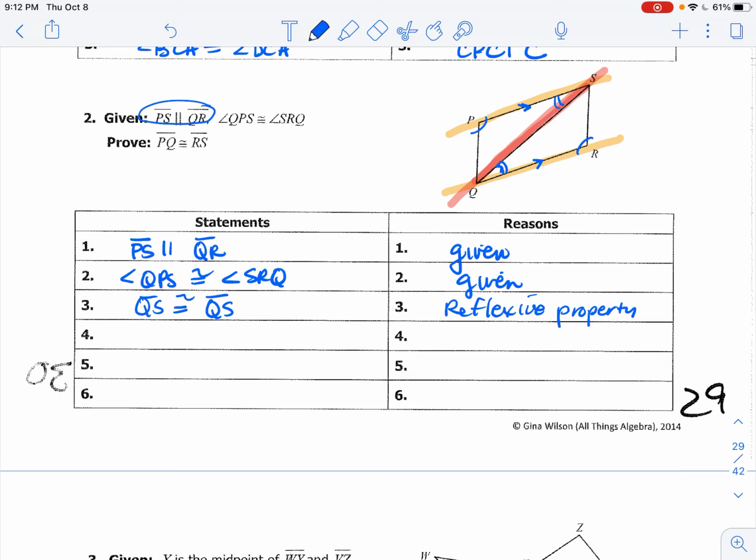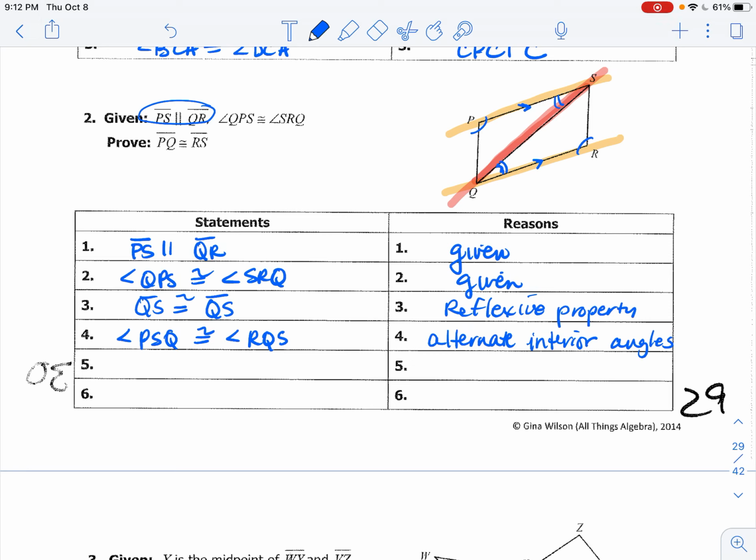And so we can say that angle PSQ is congruent to angle RQS, and that is because alternate interior angles are congruent. Parallel lines cut by a transversal have alternate interior angles congruent.